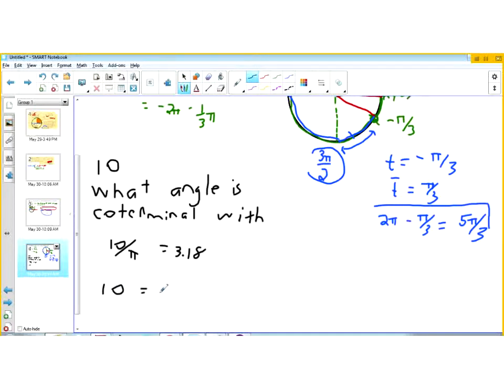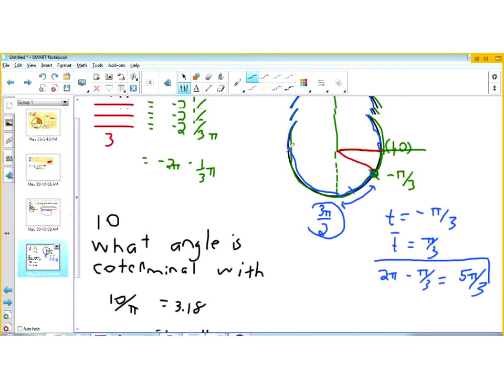So 10 is equal to 3.18 pi. So that means, where's 3 pi? So 3 pi is here. So 3.18 pi is probably here.